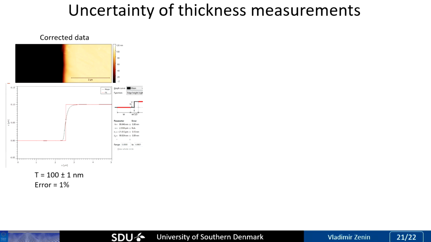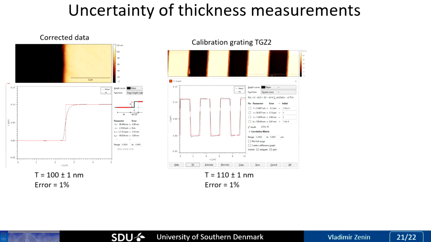So about the uncertainty of thickness measurements, when you did the previous steps before, you did all the best for the step. You measure the thickness with 100 nanometers, plus minus 1 nanometer. Let's say error 1%. That's what people usually report and believe, yeah, fantastic. In fact, it's not the whole story, because you need to calibrate your sample.